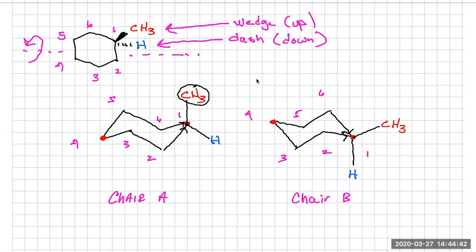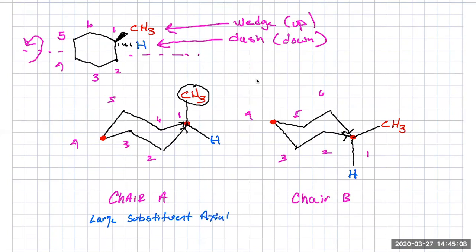Okay. And so I'm not going to circle any large groups on chair B because there's no large substituent in an axial position. You don't have to circle, but I think it helps when you analyze. So in chair A, we have a large substituent or group axial.